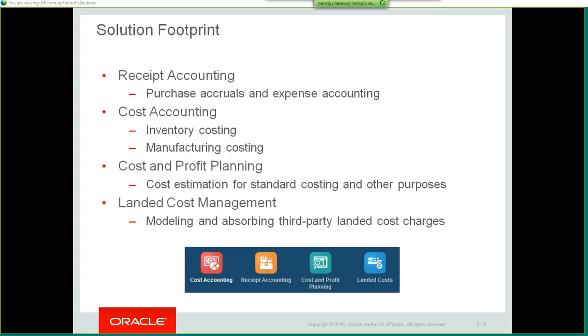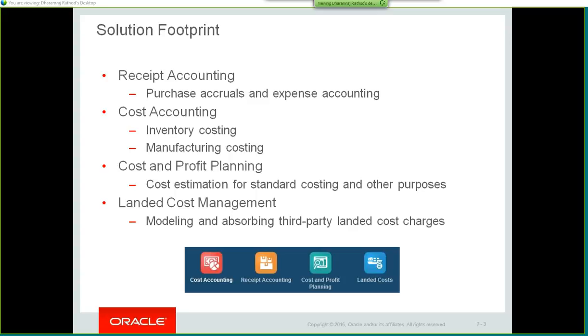Cost and profit planning, we call it cost planning. You would be able to estimate the standard cost of your item. So for example, you may need visibility into, or you may want to take certain decisions. It could be pricing decisions, what-if analysis, or sourcing decisions, whether to make it or buy it.